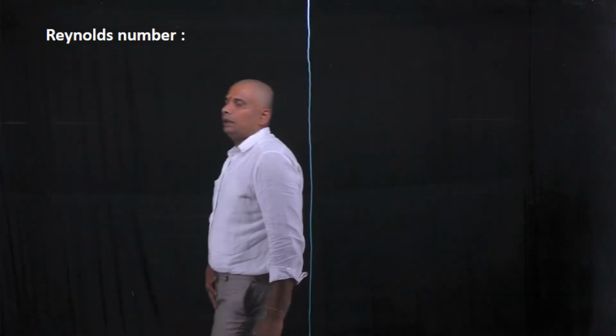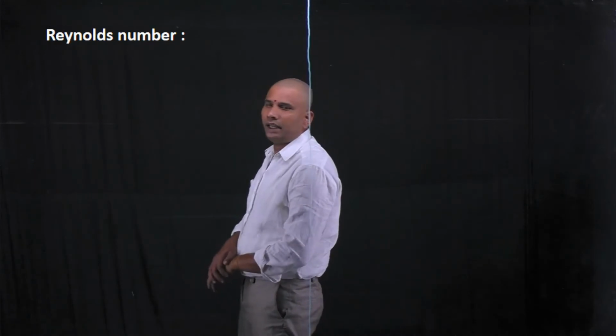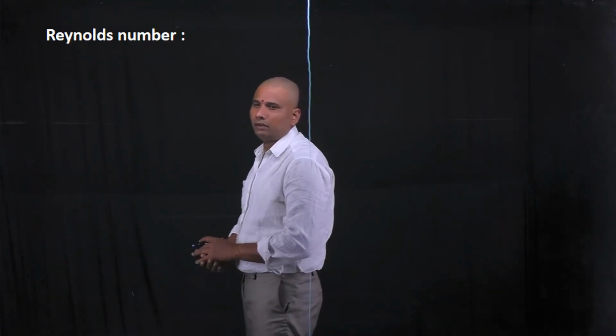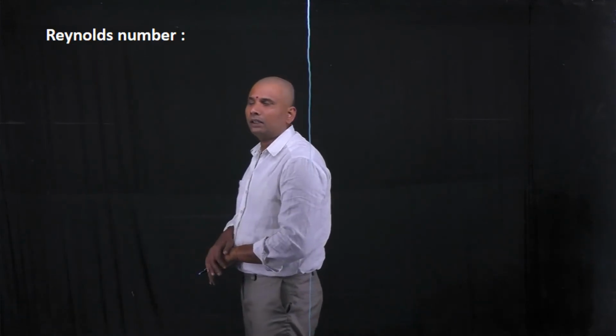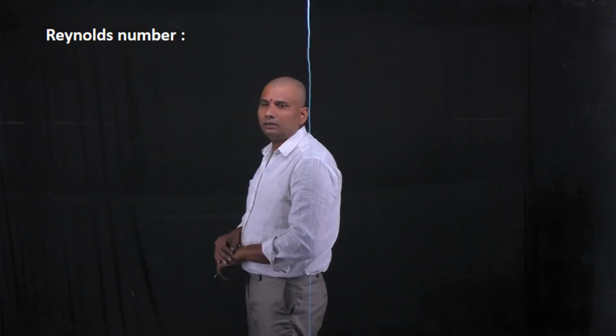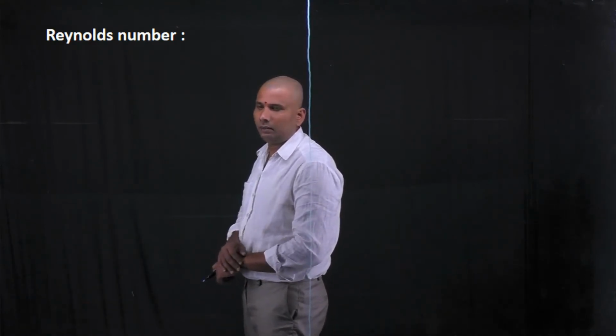Okay, Reynolds number, it is just a number and it does not have any units or dimensional formula. The value of this Reynolds number decides whether the flow of a fluid through a tube is streamline or turbulent.